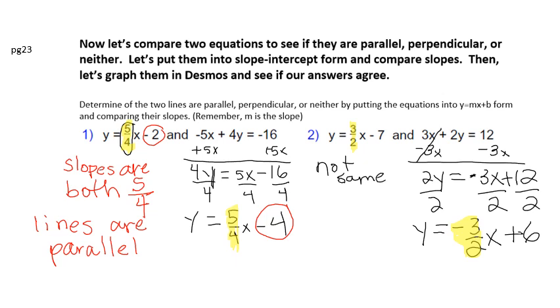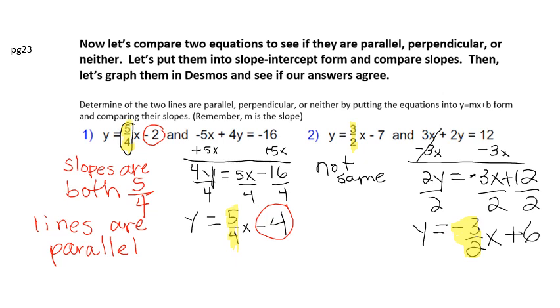But the question is, are they negative reciprocals? And a lot of kids get tripped up by this. They see the negative and the positive, and they say, yes, they're perpendicular. But that just means that they're negatives of each other. We need the reciprocal part. We need the fraction to also be flipped. And the fraction is not.